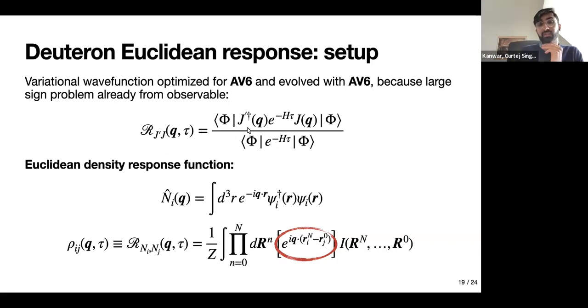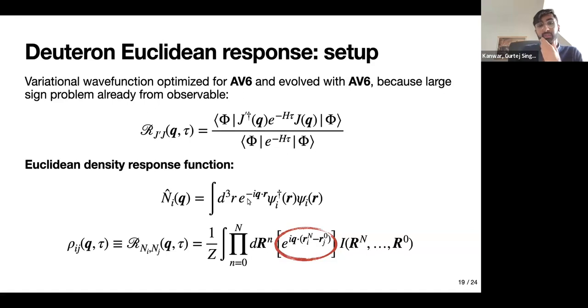So generically for two currents J prime and J, we can look at this function where essentially I take my initial state and I kick it with some momentum Q and some operator, then evolve for imaginary time tau, and then I unkick it, or I kick the bra, you could say, on the left side with a different current, or possibly the same current.